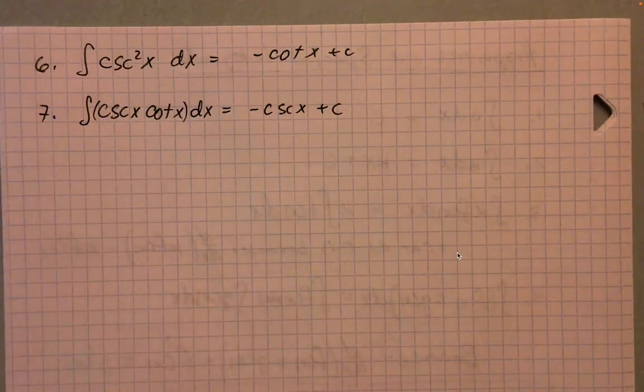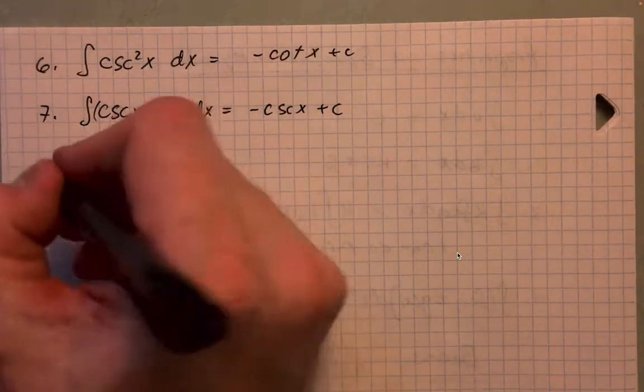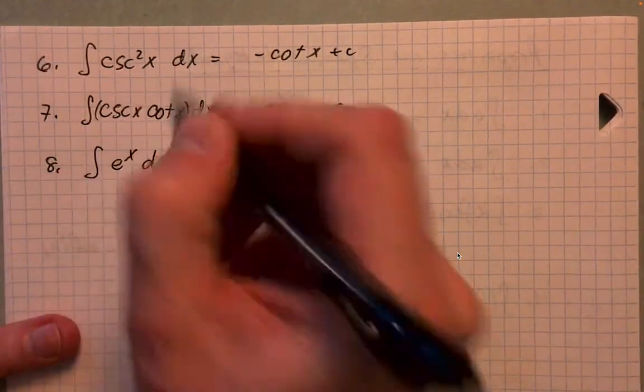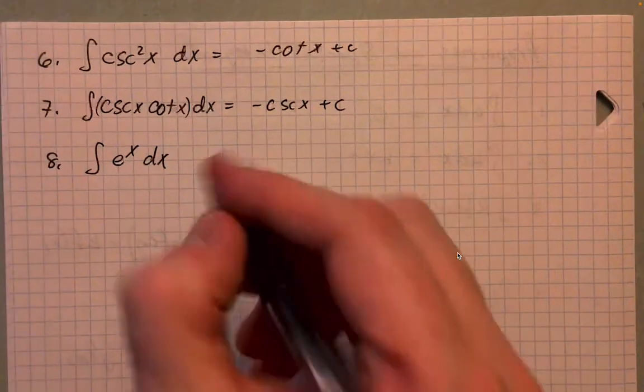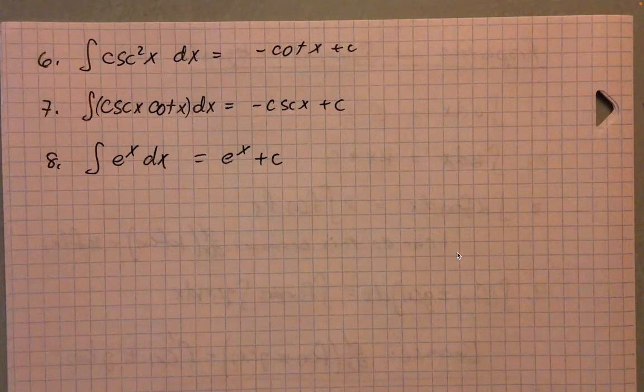That's the differentiation formula that we derived in Calc 1, and so we can use that fact to identify this integral. Here's a couple key ones. The integral of e to the x dx. What's that? Well, that one is e to the x plus c. You'll remember that the derivative of e to the x is e to the x, and so of course it follows that the indefinite integral of e to the x is itself plus some constant. So that one's fairly straightforward.